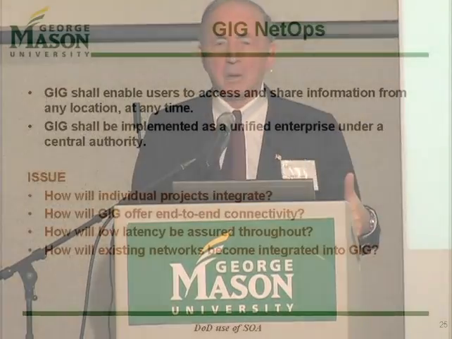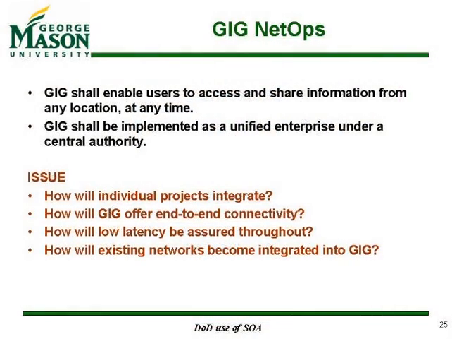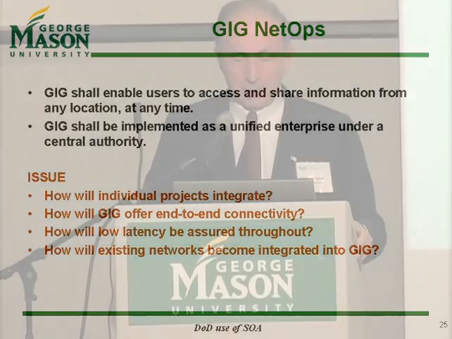And the whole question of wireless communication becomes very critical in this connectivity. The question of latency: if you want to go Google speed at a quarter of a second, how do you do that? How do you engineer a network that will do that? And then how do you peel existing networks into the new environment?